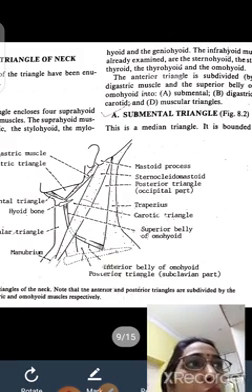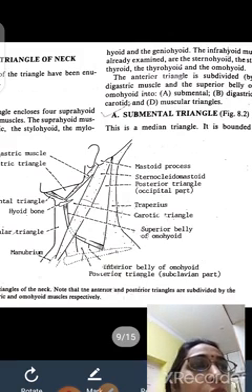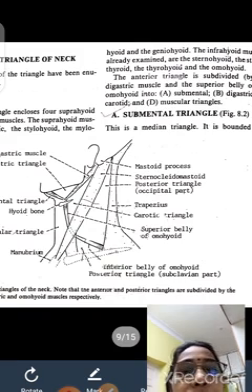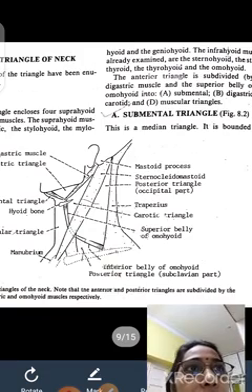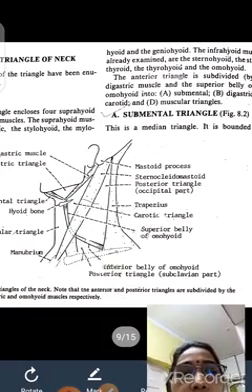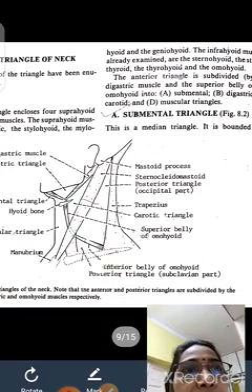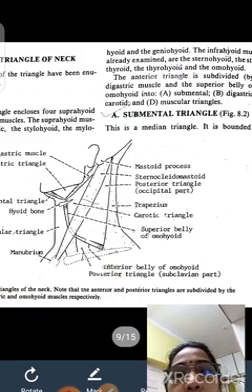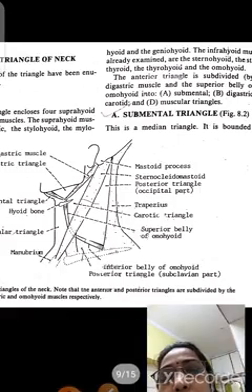Okay. Now, what are the boundaries of the submental triangle? It is a median triangle and it is bounded on each side by the anterior belly of the corresponding digastric muscle. Okay, and its base is formed by the body of the hyoid bone.